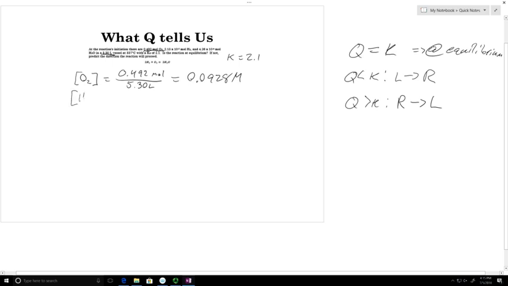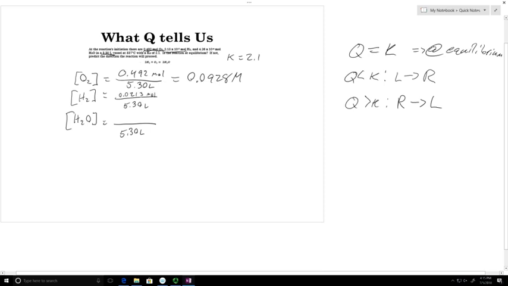We can do the same with H2 and with H2O. In each case, we're going to have 5.30 liters underneath. For H2, we have 2.13 times 10 to the minus 2, so 0.0213 moles.